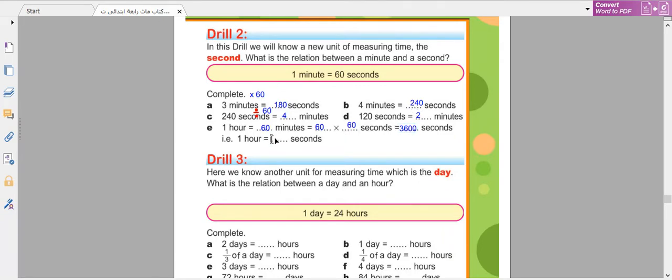So in 1 hour we have 3,600 seconds. This is the conclusion. 1 hour, when we want to change hours to seconds, we will multiply by 3,600.